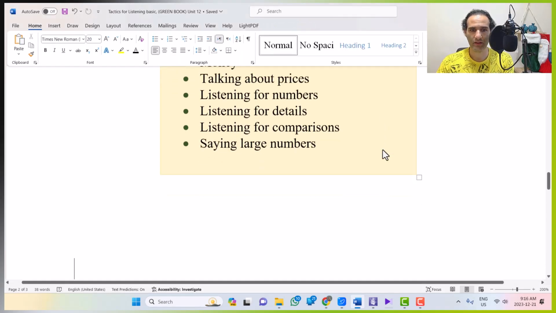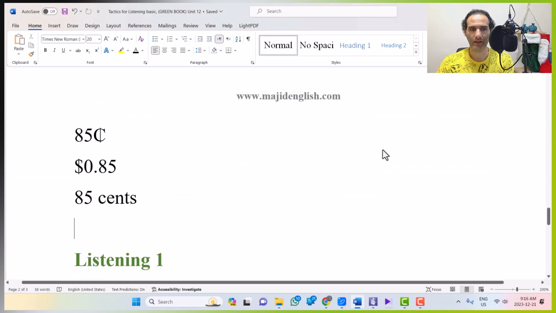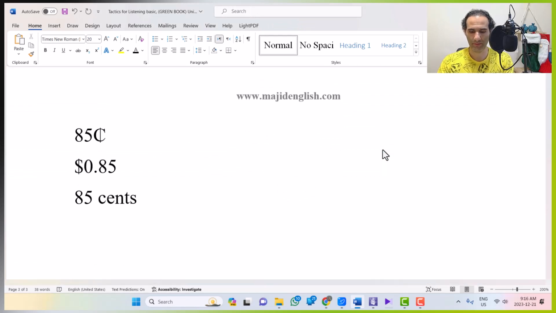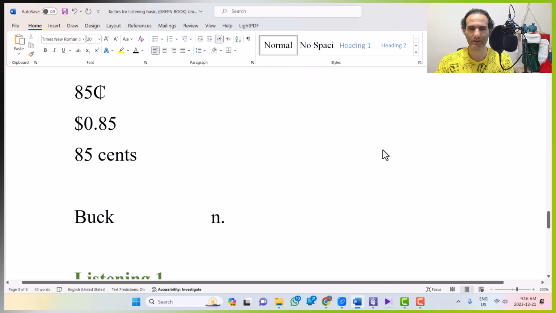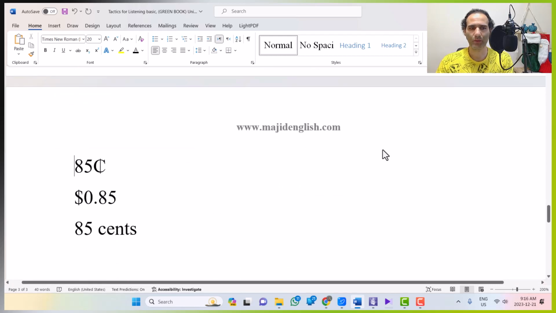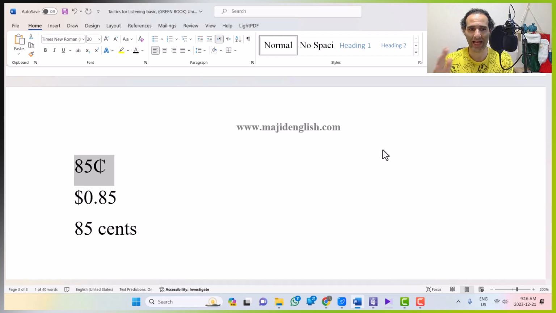The words are, and here I got some ideas for talking about cents for you. So I just talked about bucks. Buck is the informal word meaning dollar. So 20 bucks, 9 bucks, 10 bucks, whatever, that is dollars. But talking about cents, we got this 85 cents with the C after.